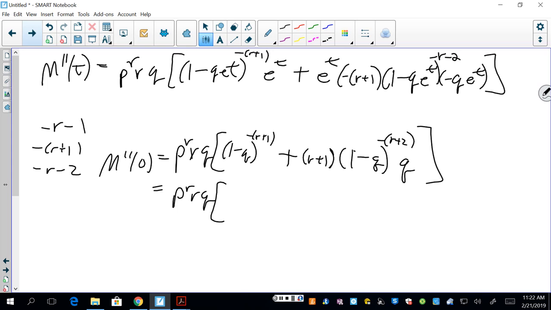But we can pull out p to the r plus 1. How did I get that? 1 minus q is p, and there's a negative r plus 1, and there's 1 extra over here. So it leaves 1 plus r plus 1 times q over p.